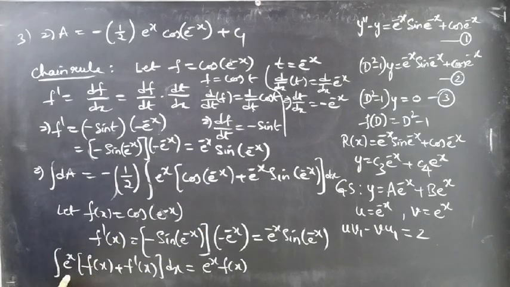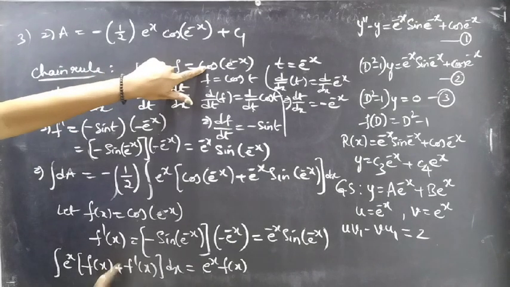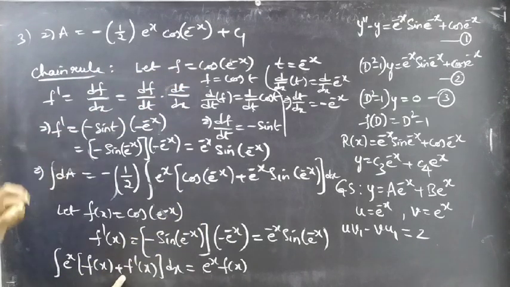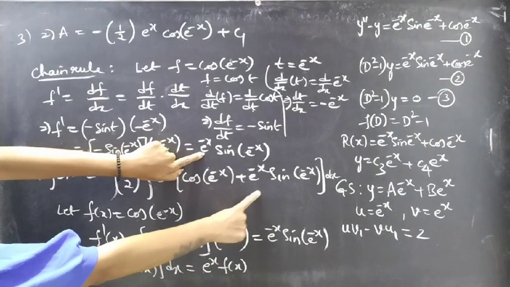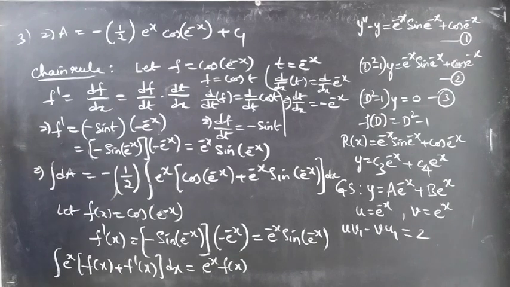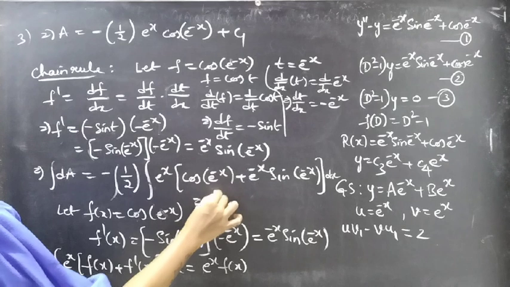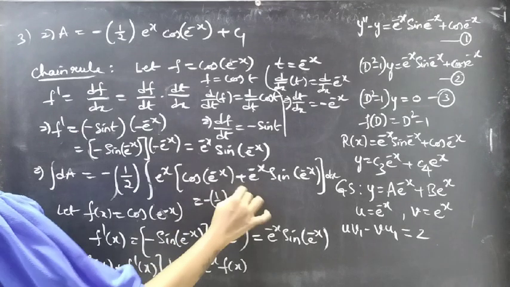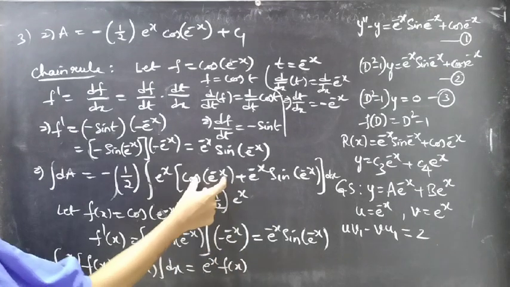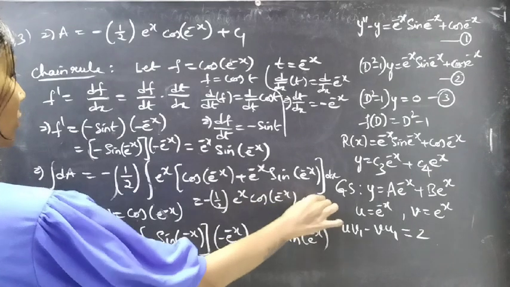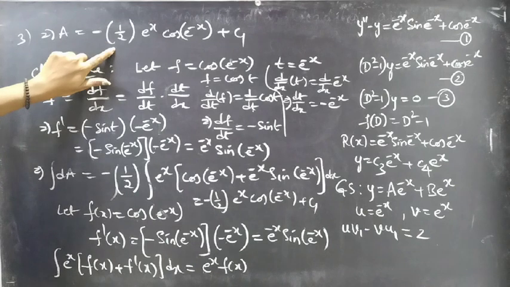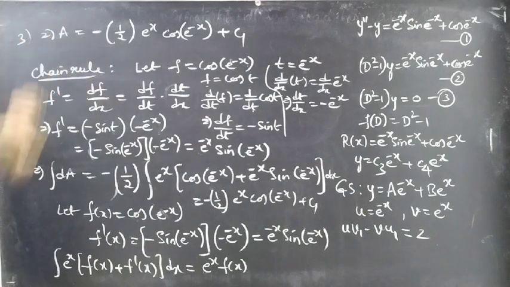You'll get e power x of f of x, which is cos e power minus x, plus f dash of x, which is e power minus x sine e power minus x, is e power x f of x, that is cos e power minus x plus integral constant c1. We'll get the same answer here.